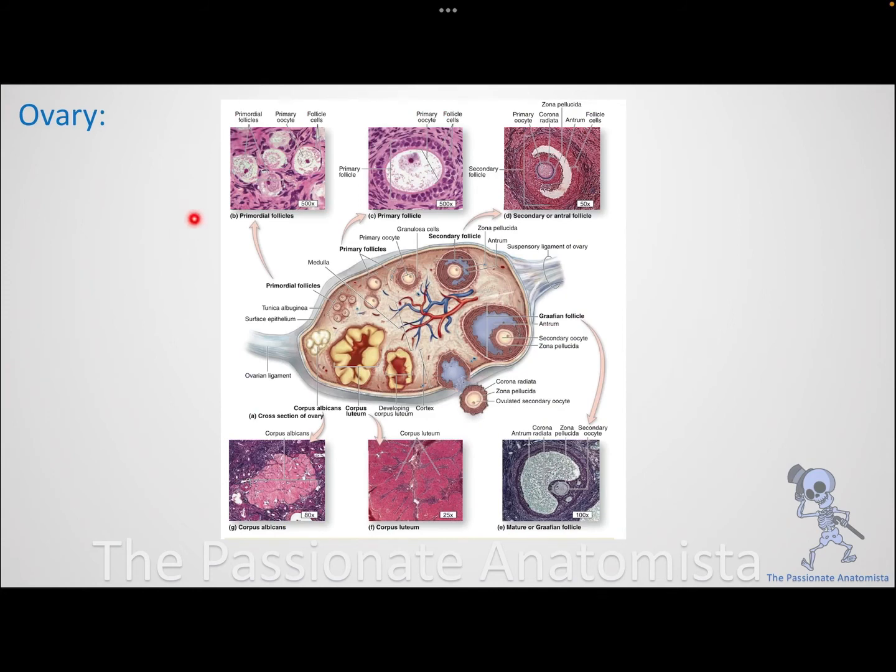So again, this is a picture that shows the primordial with the simple squamous cells in its inactive status, and inside that you have the oocyte. And then moving on to cuboidal cells, this is the primary ovarian follicle, and once these follicular cells give the fluid and get arranged, that's gonna get you to the secondary follicle.